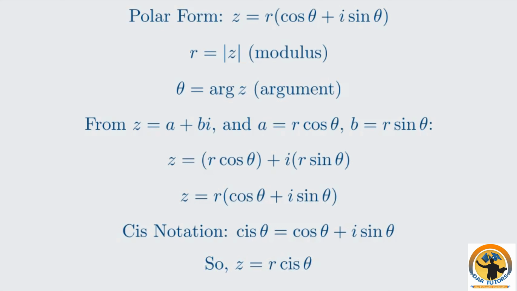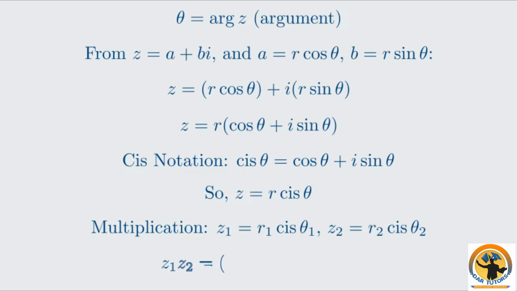One of the most powerful reasons to use polar form is how it simplifies multiplication and division. Let z1 be r1 cis theta 1 and z2 be r2 cis theta 2. The product z1 z2 is r1 times r2 multiplied by cis of theta 1 plus theta 2. This means you multiply the moduli and add the arguments.